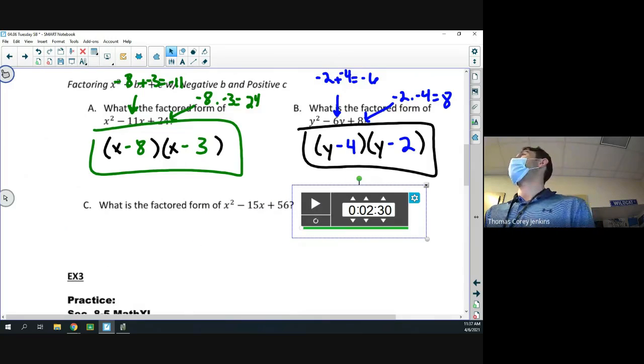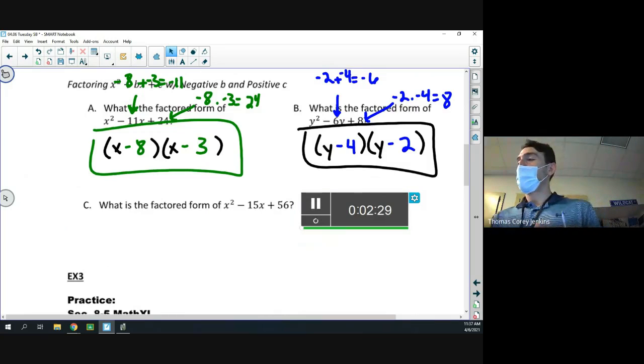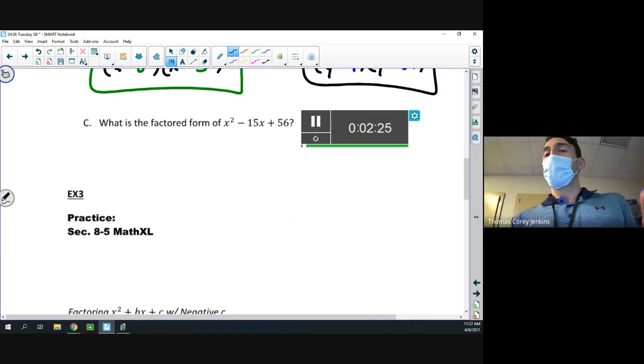56 is a little bit bigger number, right? So listing those factors of 56 might be a little more necessary here. So while you're working, I'll put some clues on the board if you're just staring at it, wondering how to get started.